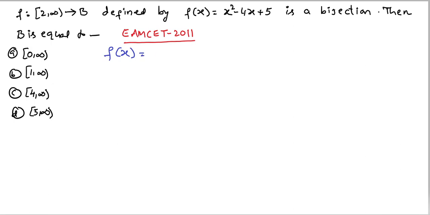If x is greater than 2, f dash x is greater than 0, which means f of x is an increasing function.